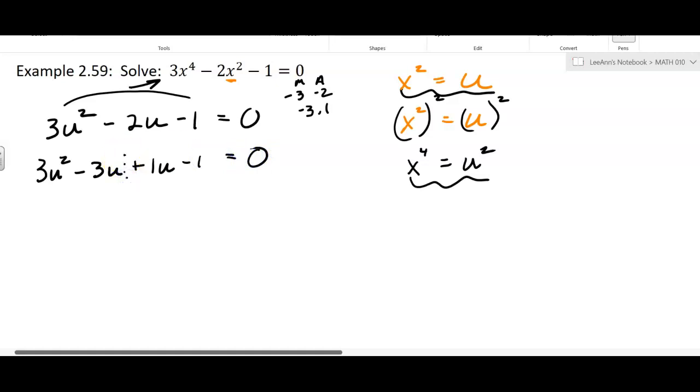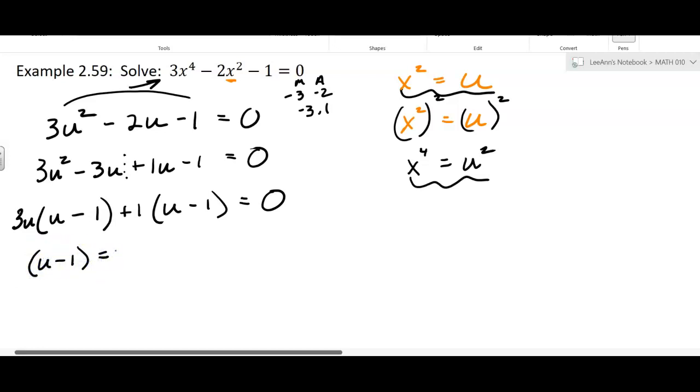All comes back to that factoring. We're grouping, and when we don't have anything to pull out, we're pulling out a 1. So I get (u minus 1) times (3u plus 1) equals 0. You set each factor equal to 0 and solve. You're going to get u equals 1 or -1/3.